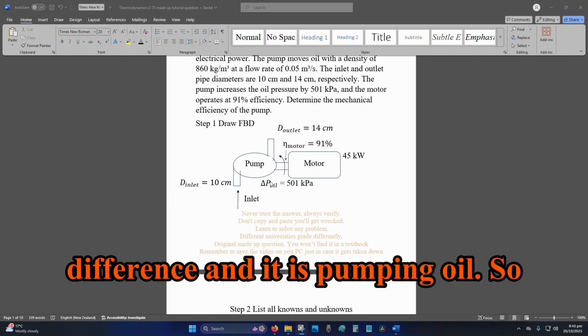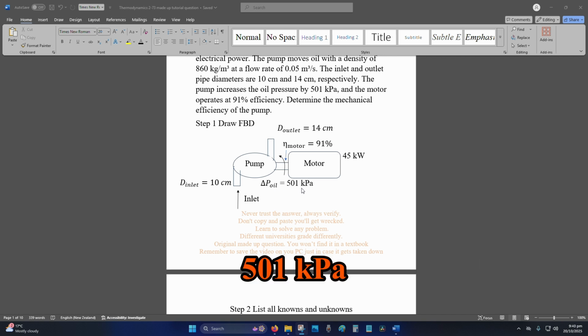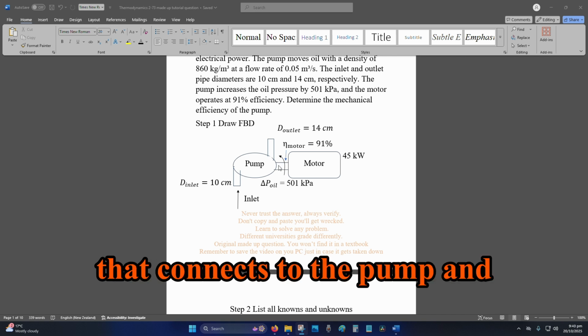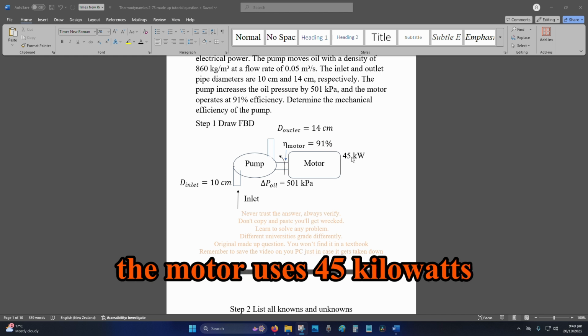There is a pressure difference and it is pumping oil, so the pressure difference for the oil is 501 kPa. The motor has a shaft that connects to the pump, and the efficiency is 91%. The motor uses 45 kilowatts.